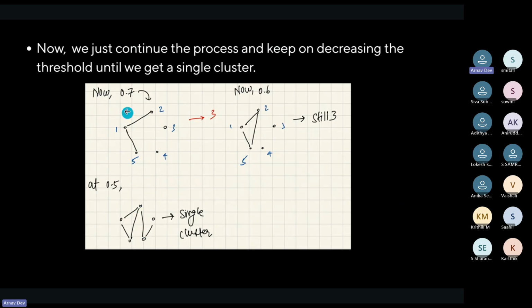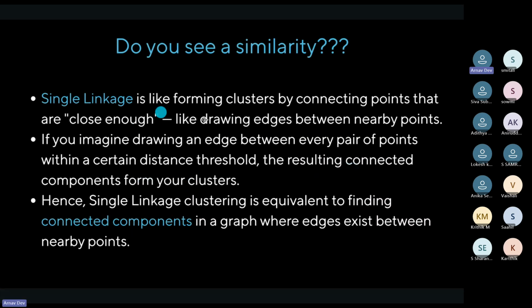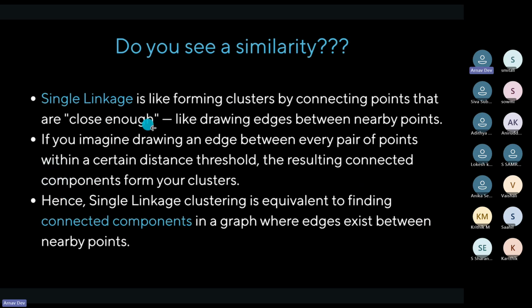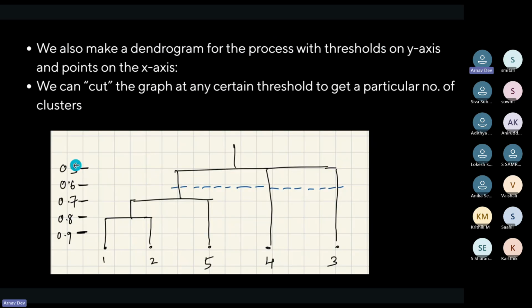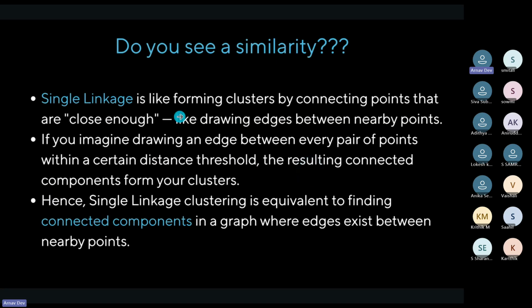Decreasing the similarity increases the distance, so you are connecting the points which are close enough first, and then you move on, combining clusters based on the closest distance between them. This is similar to single linkage, because at every step you connect the clusters based on the closest distance between two points, or the highest similarity.